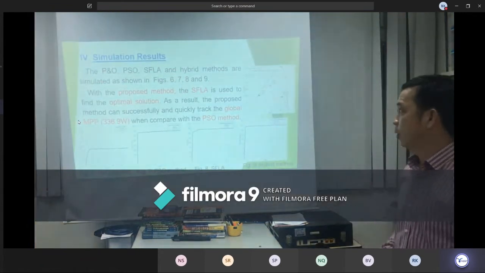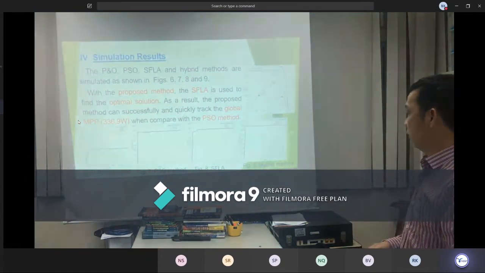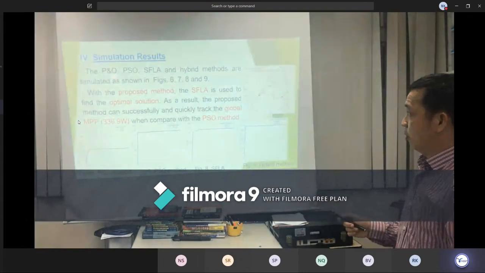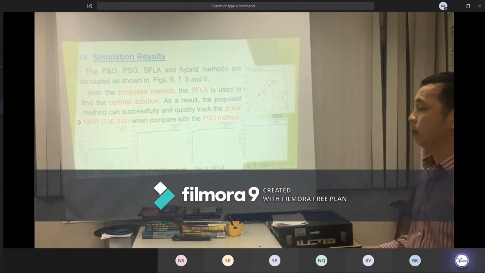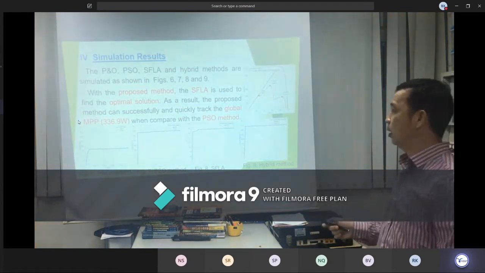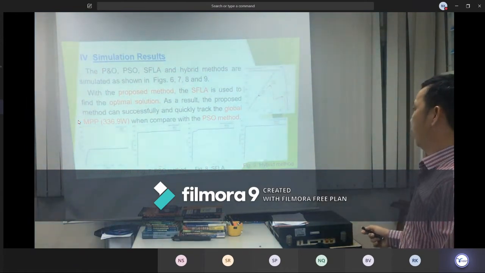In this slide, I show the simulation results. The P&O, PSO, SLA, and hybrid methods are simulated as shown in figures 6, 7, 8, and 9.